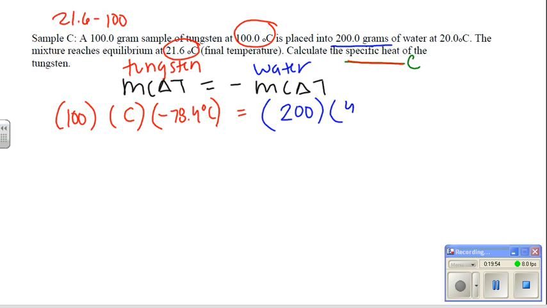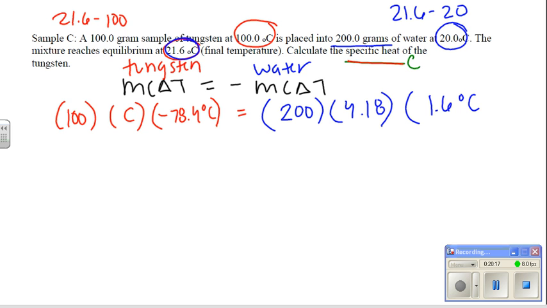The specific heat of water, 4.18 when it's a liquid, and it is in this situation. And the change of temperature, I know that as well, because the initial temperature is 20, the final is 21.6. So remember, it's final minus initial, 21.6 minus 20 gives me 1.6 degrees Celsius.